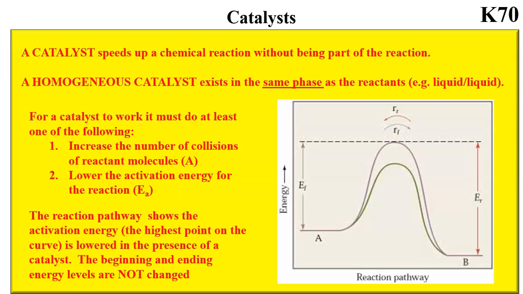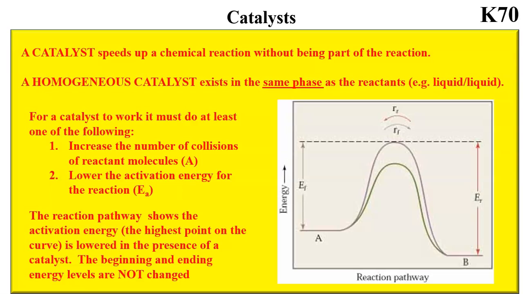Finally, just a quick mention of catalysts. A catalyst speeds up a chemical reaction without being part of the reaction. A homogeneous catalyst exists in the same phase as the reactants, liquid or solid. For a catalyst to work, it must do at least one of the following: one, increase the number of collisions of reactant molecules, and two, lower the activation energy for the reaction, that's Ea.